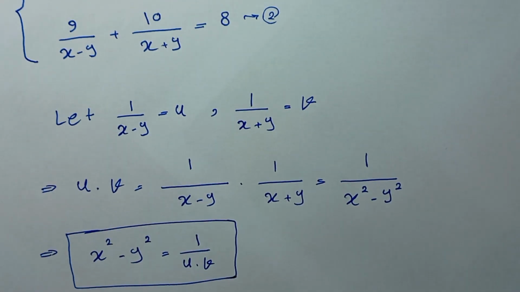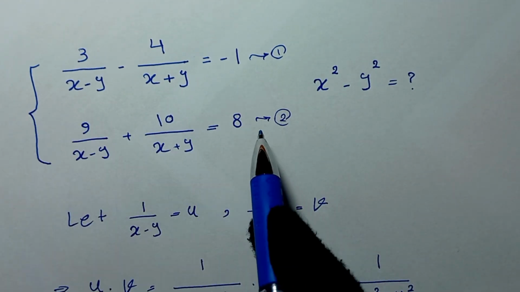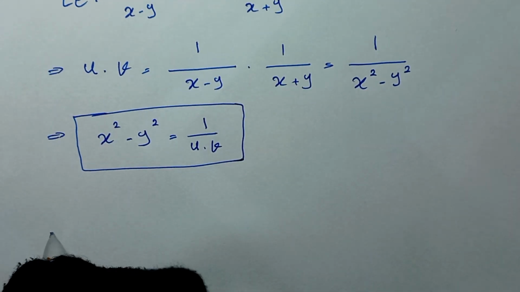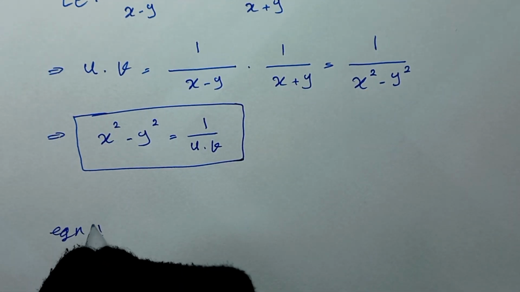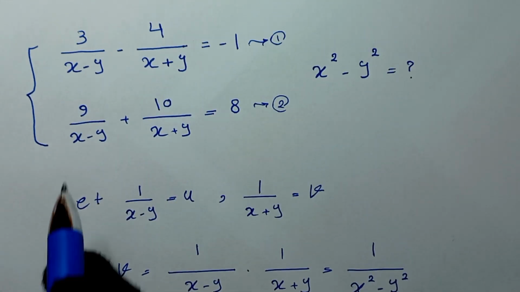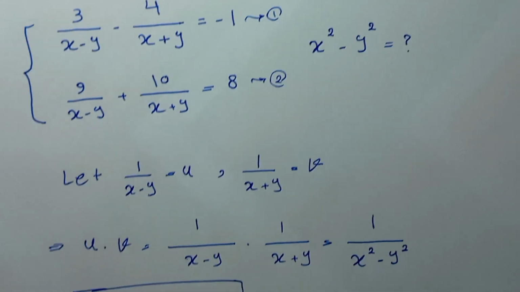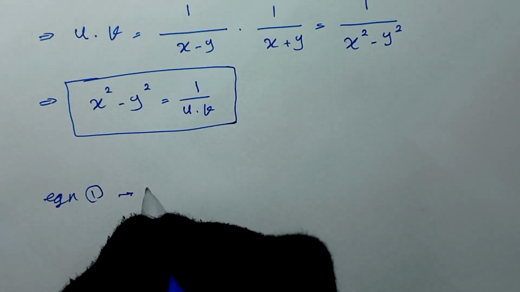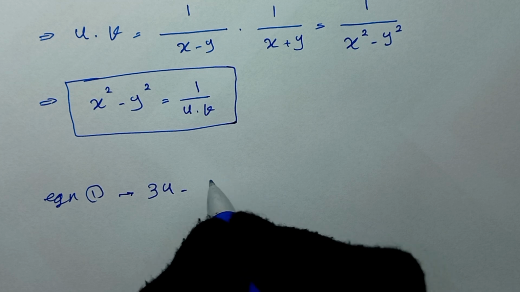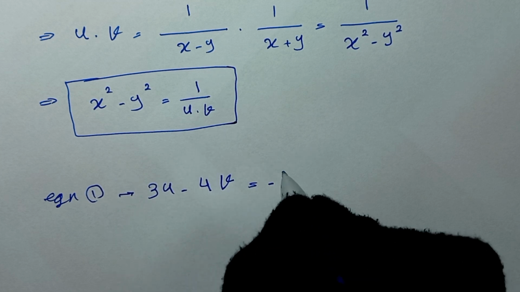In next step, we rewrite these two equations, and from equation 1, we have 3 over x minus y, and x minus y is u, so 3 over x minus y, it will be 3u, and minus 4 over x plus y, and it will be 4v is equal to negative 1.